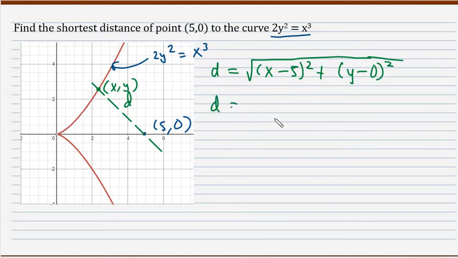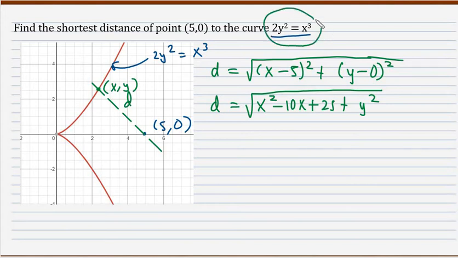So the distance is equal to the square root of x squared minus 10x plus 25 plus y squared. We cannot get the first derivative yet because we have 3 variables, so we want to simplify. We have 2y squared is equal to x cubed, and therefore y squared is equal to x cubed over 2. Let's substitute that to our y squared.